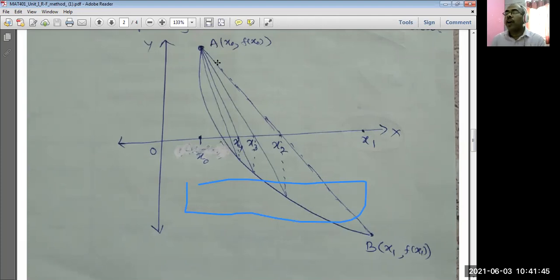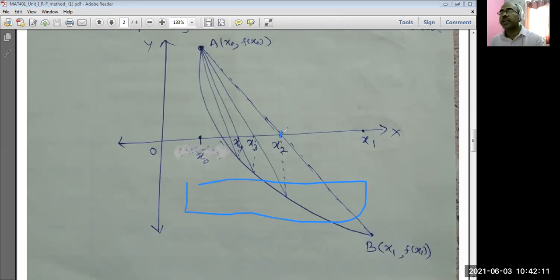So we have points like this, x0, x1, and we can determine point x2. The point x2 is the point of intersection of the straight line or chord joining the two points A and B, right? We will get this point.